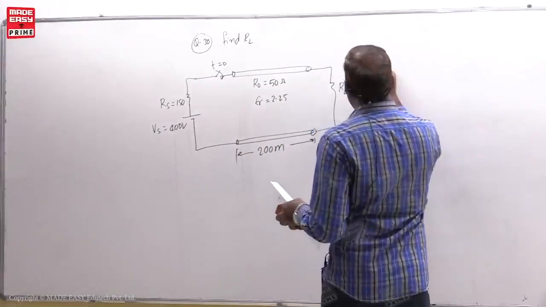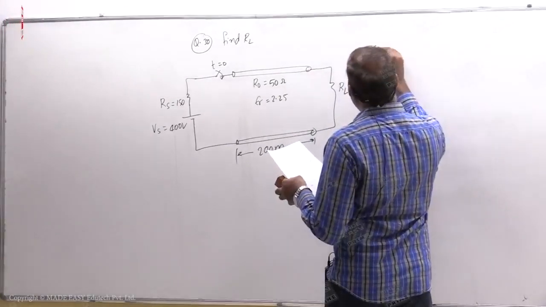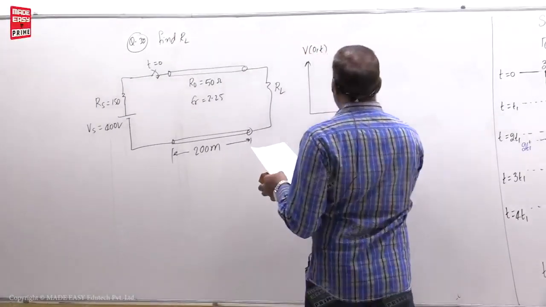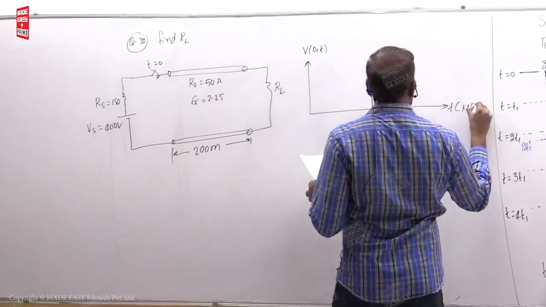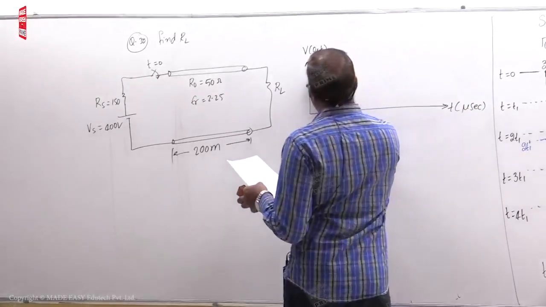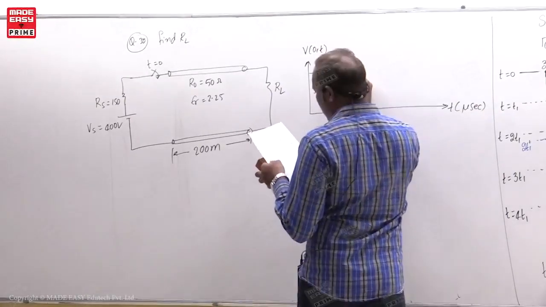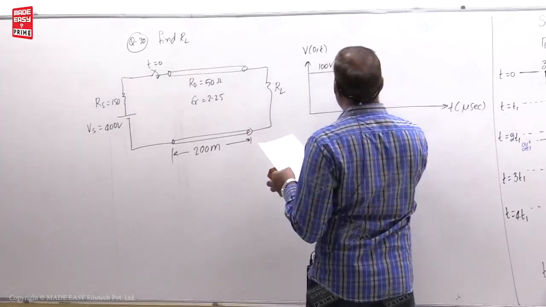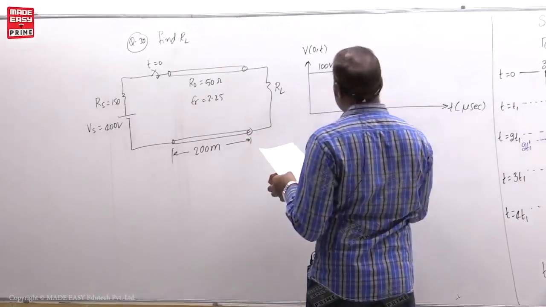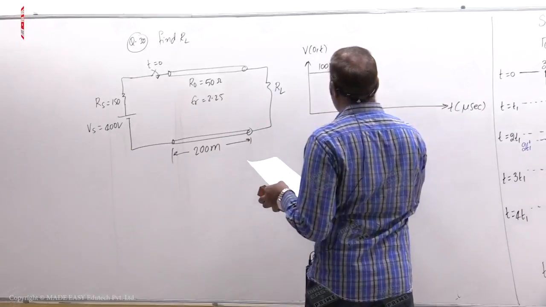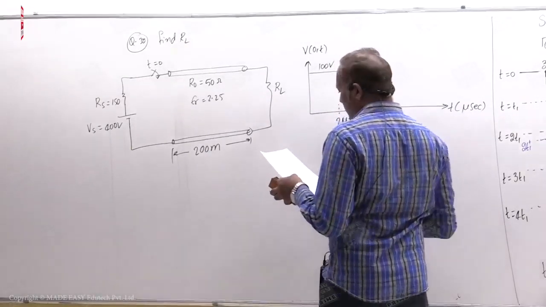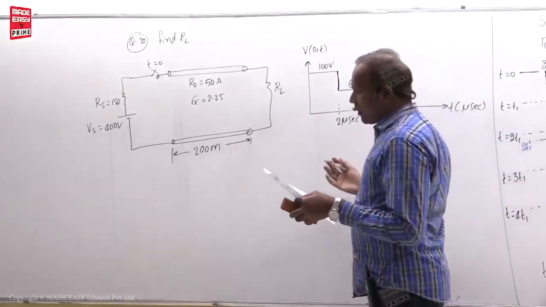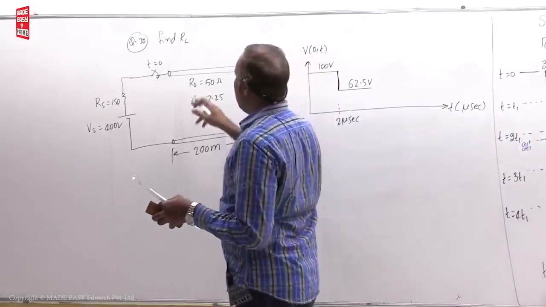Now they gave V of 0 comma t, that is the voltage at the sending end with respect to time, with t in microseconds. The voltage was 100 volt, then suddenly decreased and went to 62.5 volt at 2 microsecond. That is the diagram given. Now for this you have to find RL.